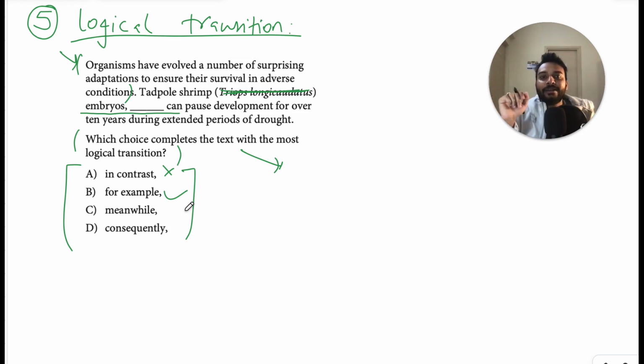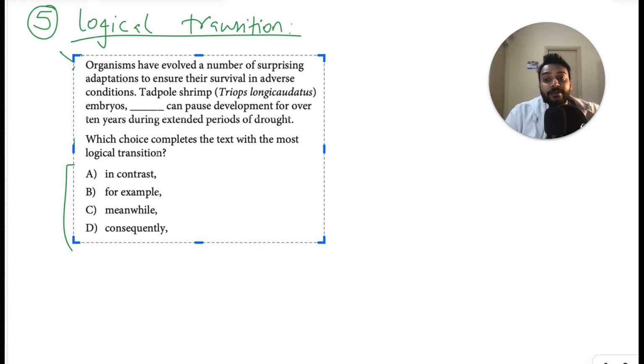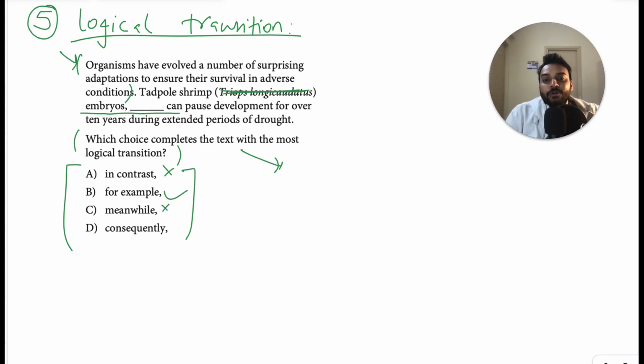Rather, meanwhile is used to show one action happening, and in the meantime, along with that action, something else is also happening. But that kind of transition we don't see here. So meanwhile is wrong. Consequently is actually used to build on top of what was said earlier, and it comes out in the form of a result. Here, it's not a result.